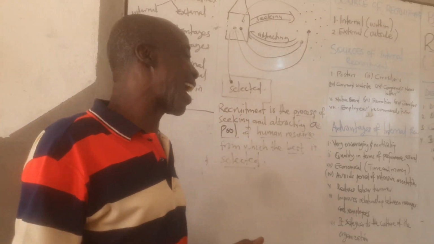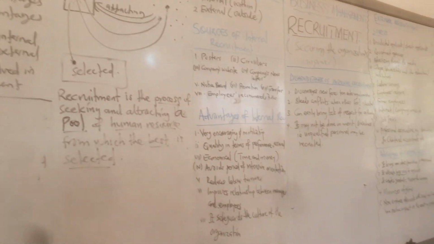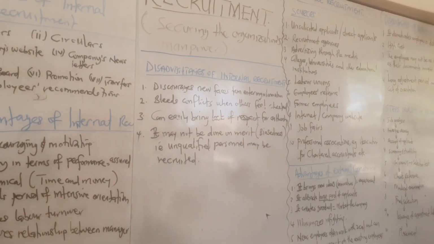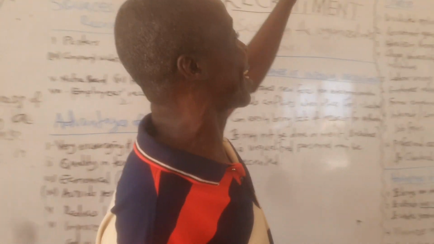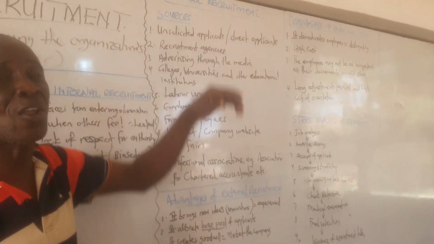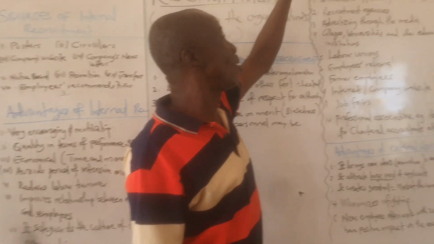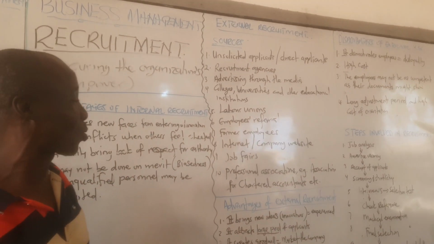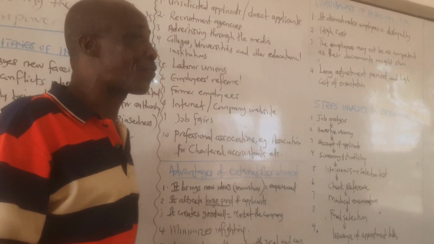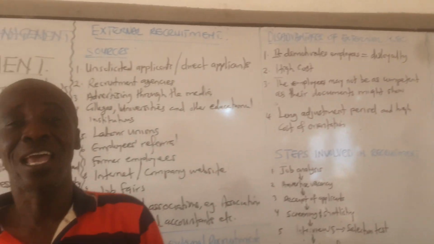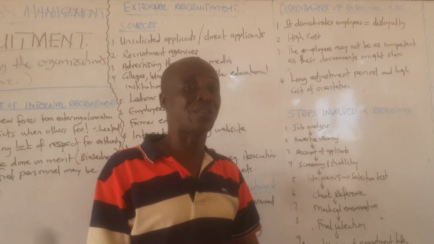Then we looked at the advantages and disadvantages of the internal source. Then we looked at the external source, the meaning of external. When you say external source of recruitment, what it is, we are talking about that one. Then we looked at the sources, the advantages, and the disadvantages of the external source. And then we looked at the steps involved.